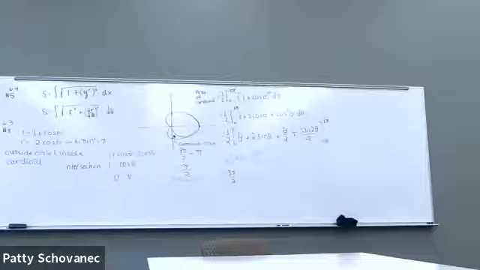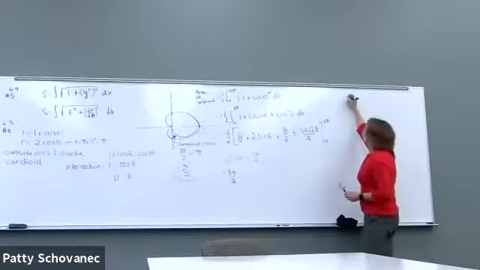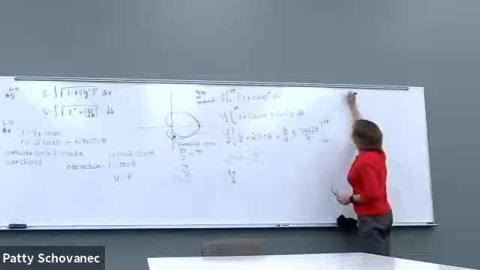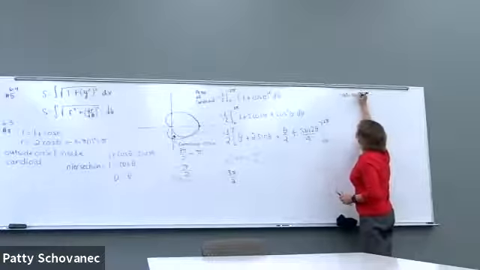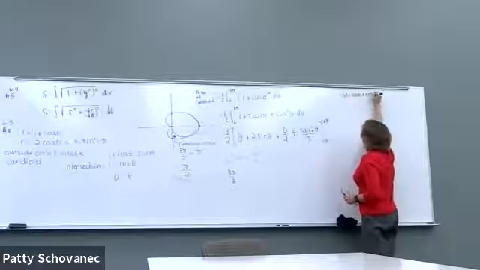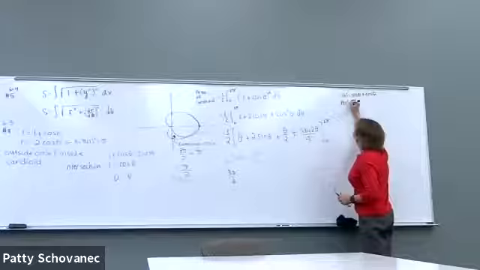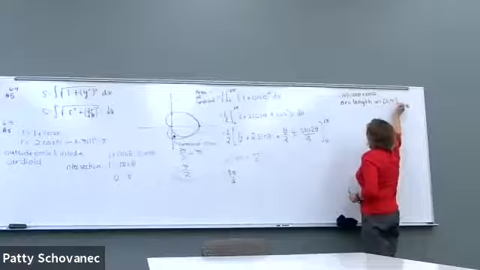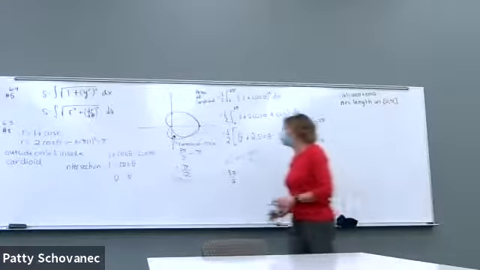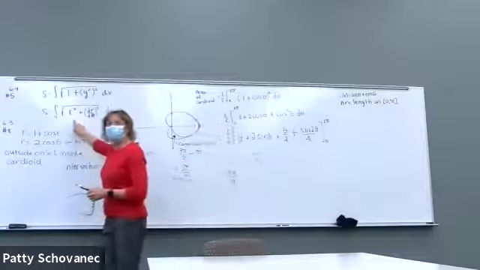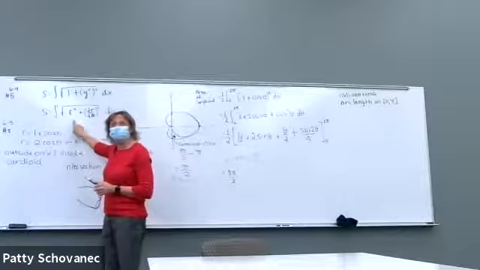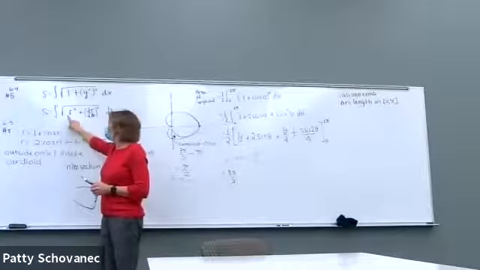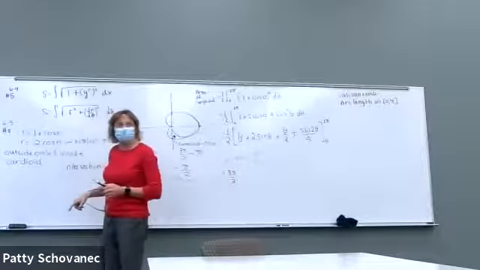Yes, sir. It was number 6 on the web, where r goes sine theta plus cosine theta on 0 to pi. You want to find the arc length? So we're going to use this arc length formula because we've got r's and thetas. So we need an r squared and an r prime squared.